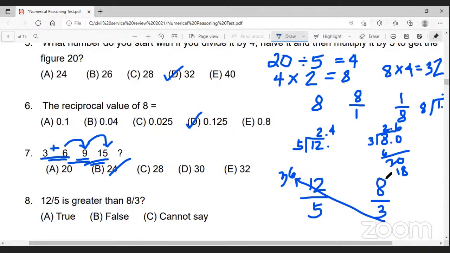Multiplying 5 and 8, 40. And 40 versus 36 will be compared, and that signifies that 40 is greater than 36. This also signifies that 8 over 3 is greater than 12 over 5.